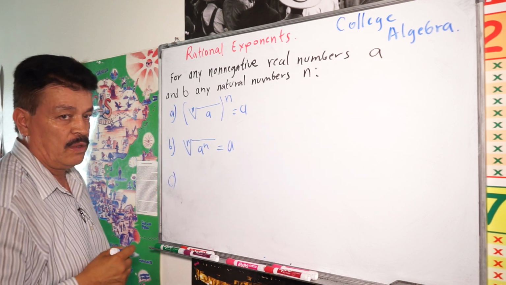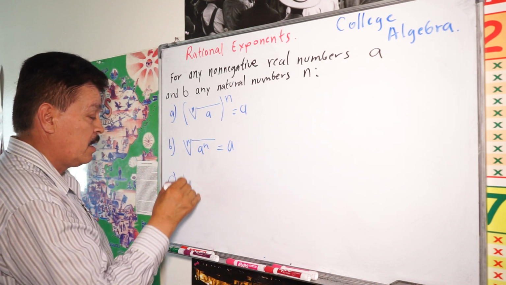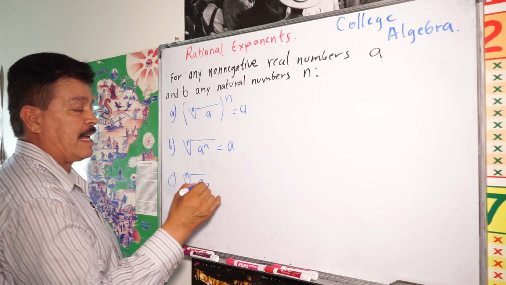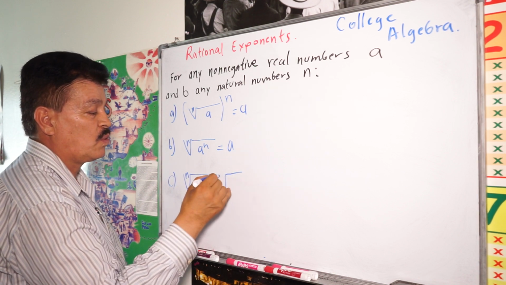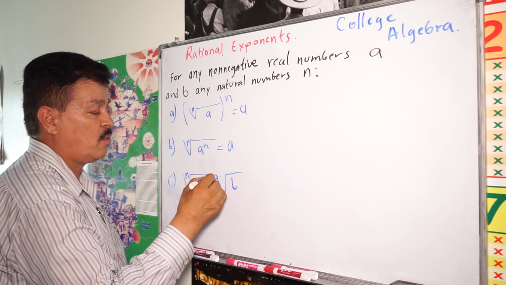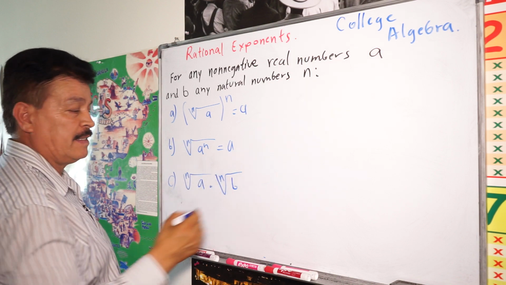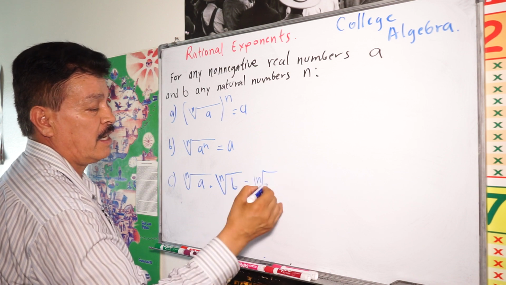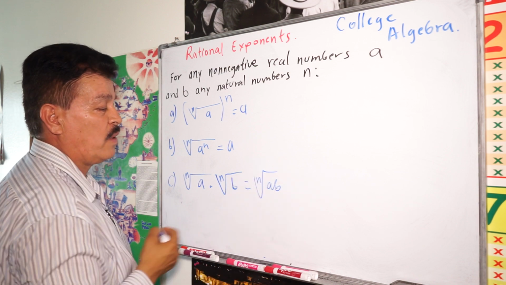Another rule important to review: when you have the radical n of a times the radical n of b, this equals the radical n of ab.